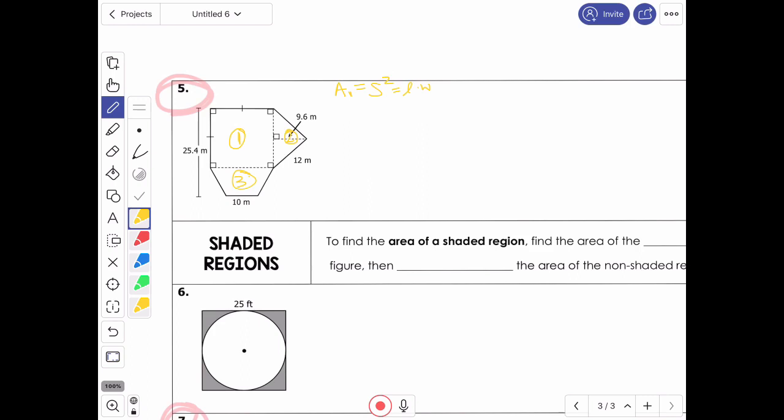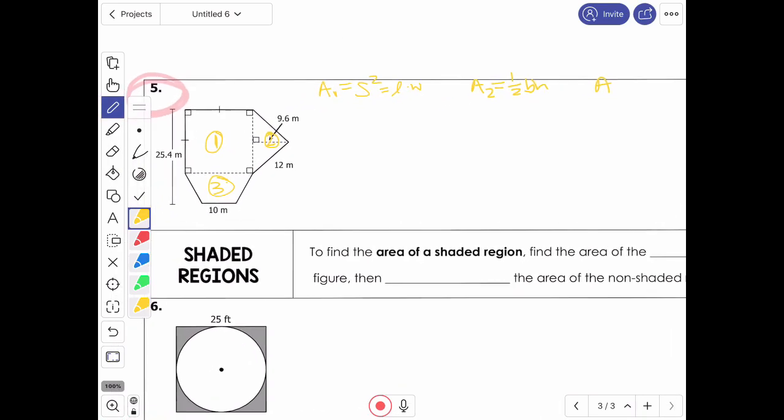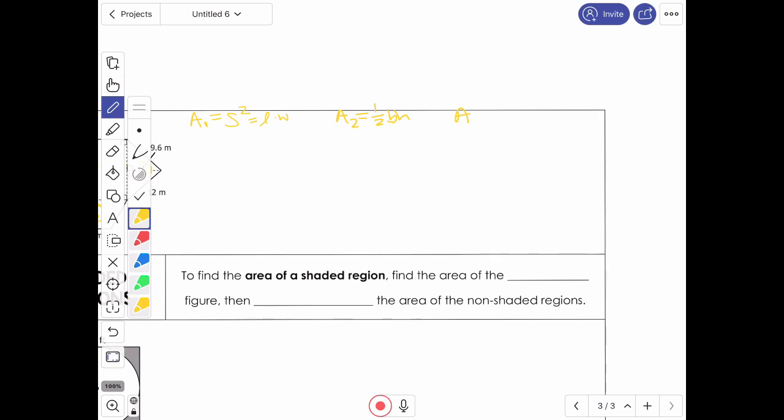Okay, and then for area 2, I'm going to have to use 1/2 times base times height. And then for area 3, that is a trapezoid. So I'm going to have to use 1/2 times the height times the bases added together.